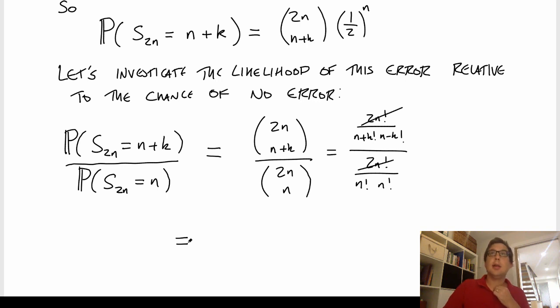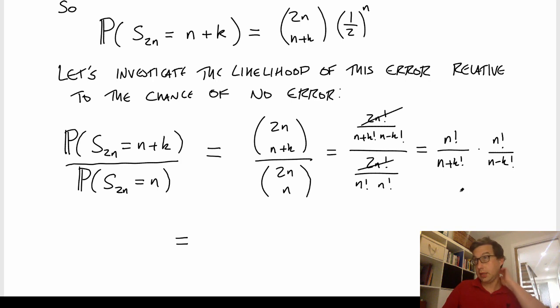So I could write this out explicitly. All right? Well, let's look at this first term here. Let me write this out a bit better. So it's n factorial divided by n plus k factorial times n factorial times n minus k factorial, right? So I can expand this out.